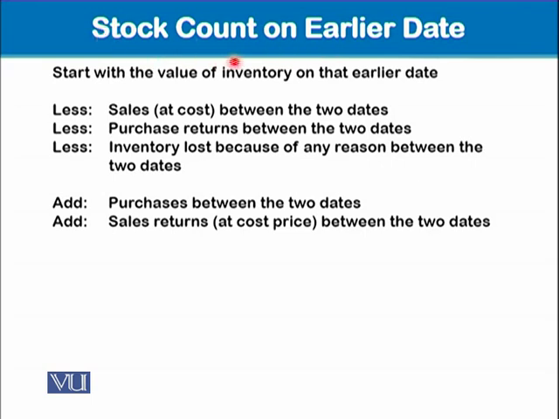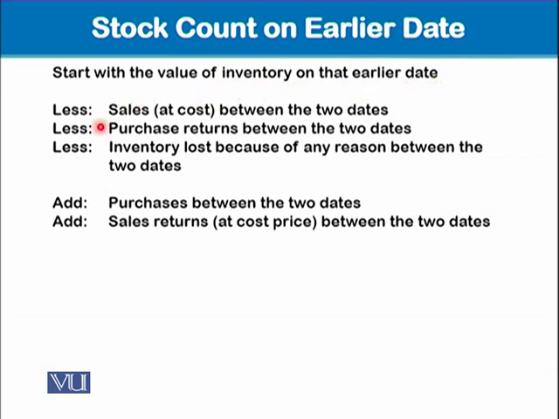What if the count happens on an earlier date? Suppose we thought we would be busy on 31st of December X9, so we conducted the inventory count on, supposedly, 25th of December X9, 5 days before the end of the reporting period. We will start with the value of inventory on that earlier date, 25th of December X9.